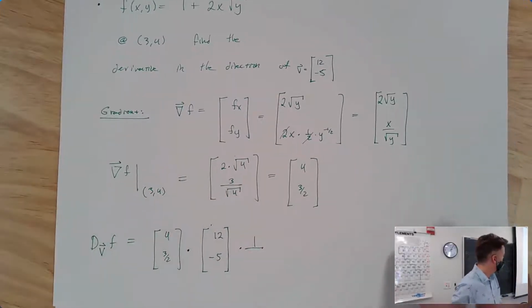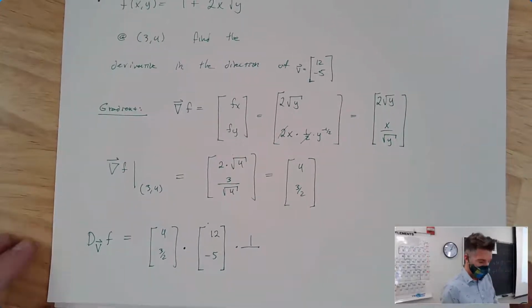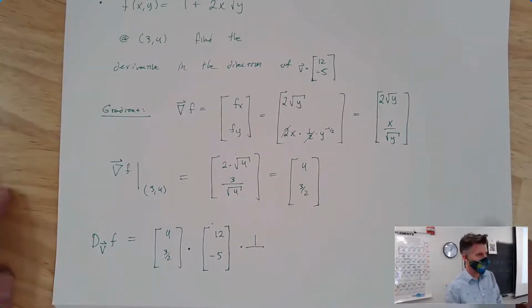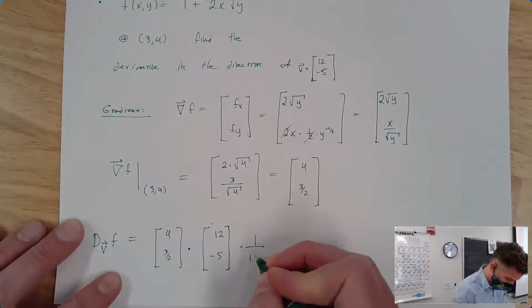Everyone should get used to looking at those two numbers and telling me what the magnitude of that vector is. What's the favorite unlucky number? 13 for sure. 12, 5, 13 triangle. The magnitude of that vector is 13.